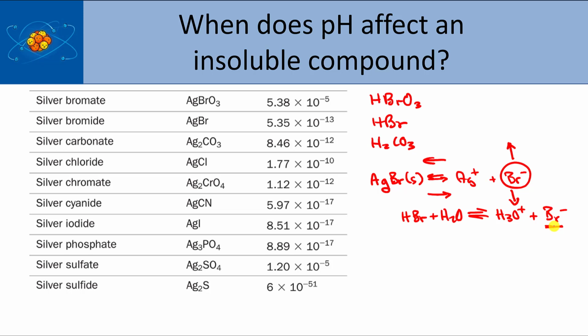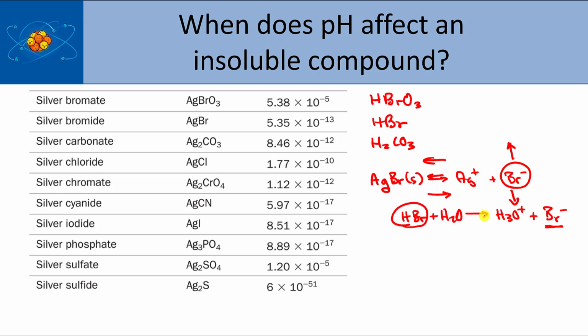Now here's the thing, HBr is a strong acid. So that means the reaction only goes one way, and adding hydronium to the solution, let's say you add it in the form of nitric acid, right? Well, adding hydronium to the solution won't have an effect because you don't affect the bromide ion concentration and form HBr.